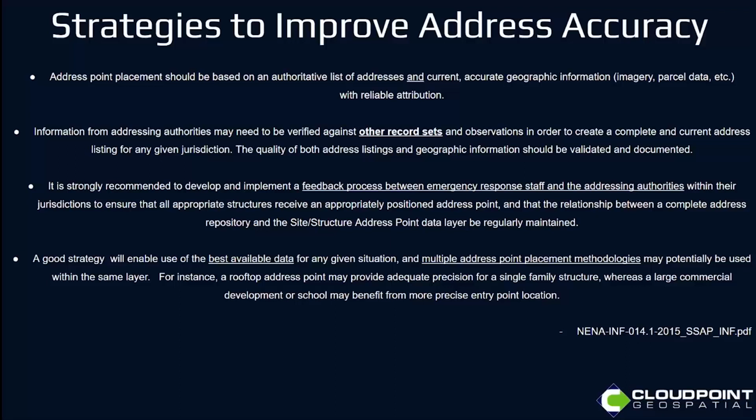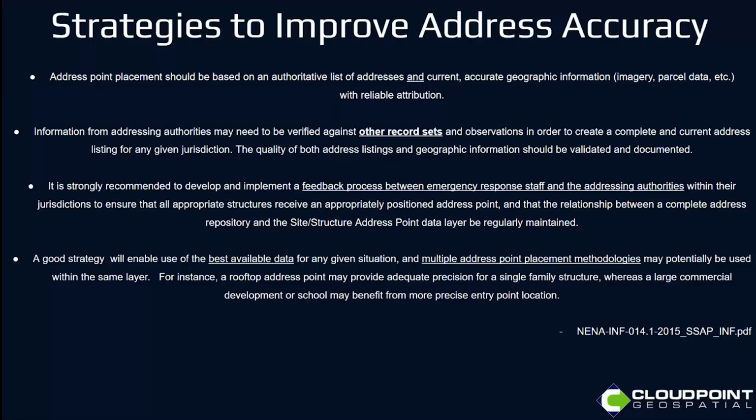That information from addressing authorities needs to be verified against other record sets. So pulling in more data is always better, so that we can sift through it to pull out those unit information details, or apartment building numbers or duplex numbers.